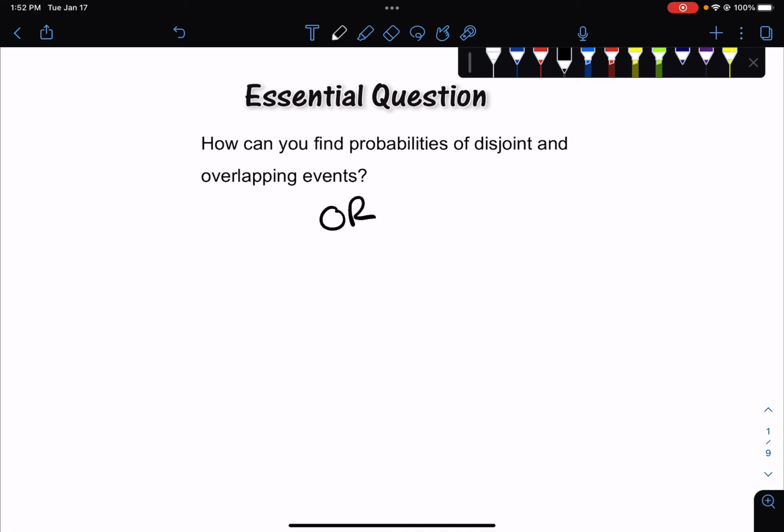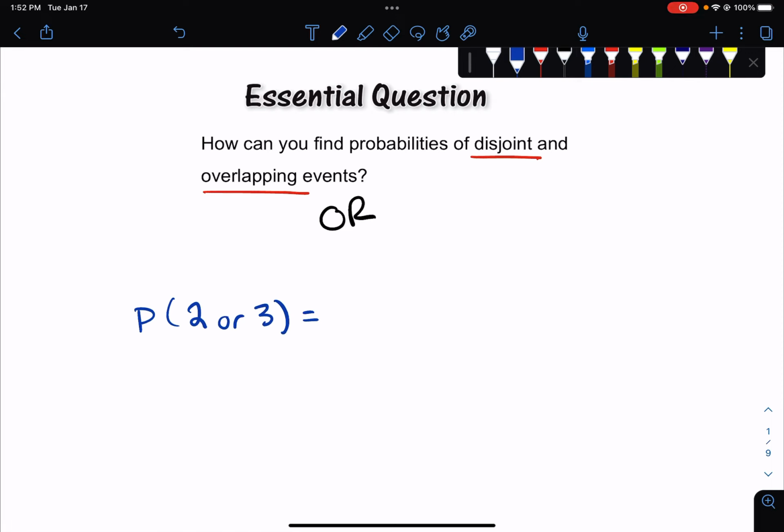So first thing that we need to understand is the difference between disjoint and overlapping, because that's going to change how we add things together. All right, so what it means for something to be disjoint. If I were to say, what's the probability, and we're just going to stick with a simple, basic example here, what's the probability of rolling a 2 or a 3?